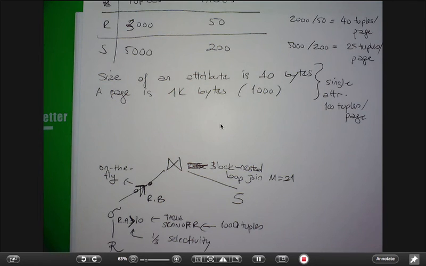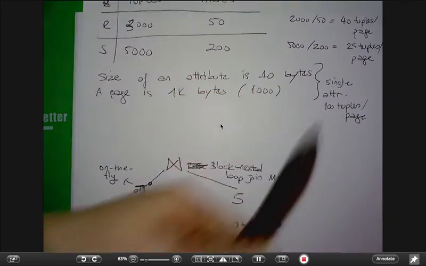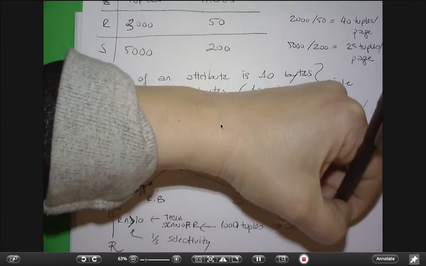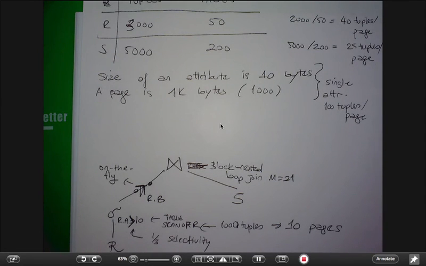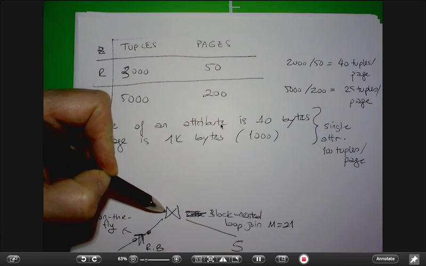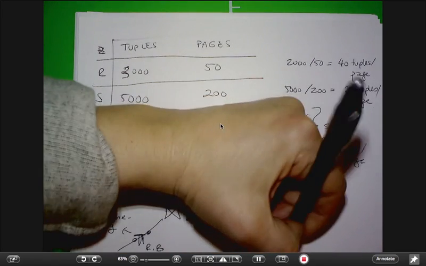So if you have 1,000 tuples here, how many disk pages will it take? So after you do the selection, it's going to take how many pages? 1,000 tuples, 100 tuples per page, so that will actually only take 10 pages. This is 10 pages, I have 21 blocks, so that means I can actually do the join in one pass, because I will fill 10 pages with this relation, and then use the rest for S, so I can read S only once.